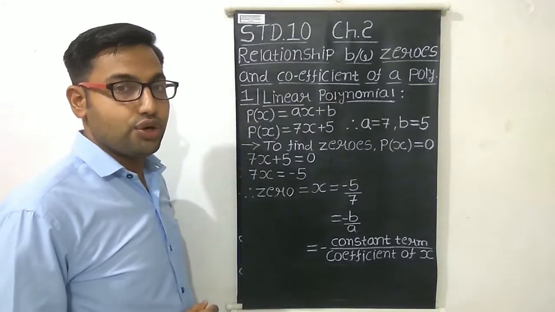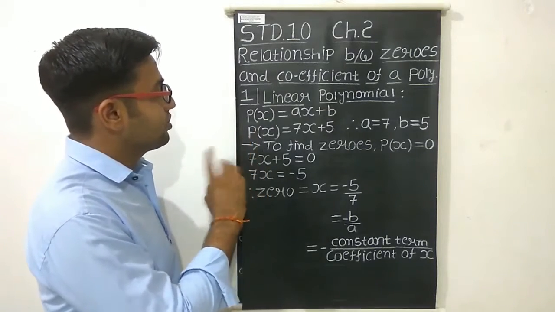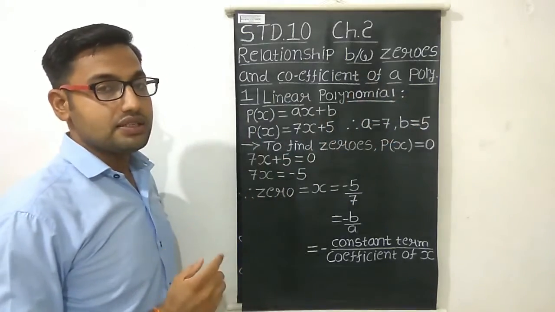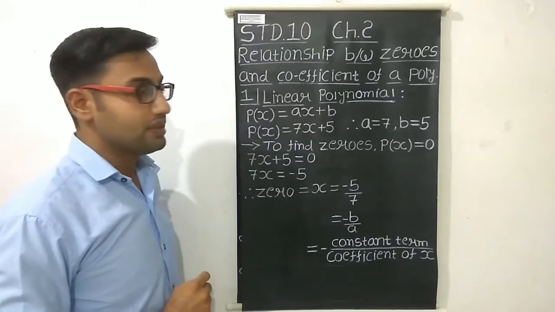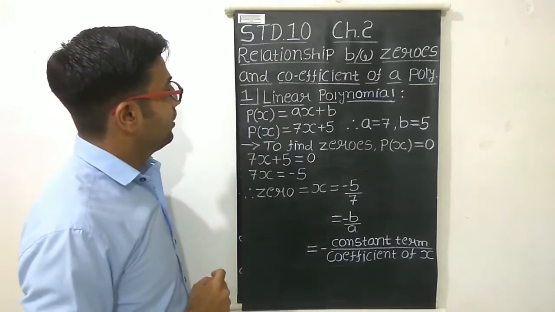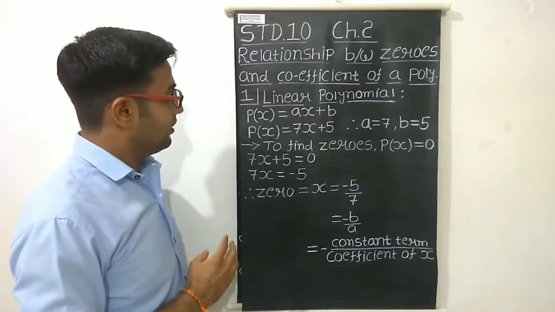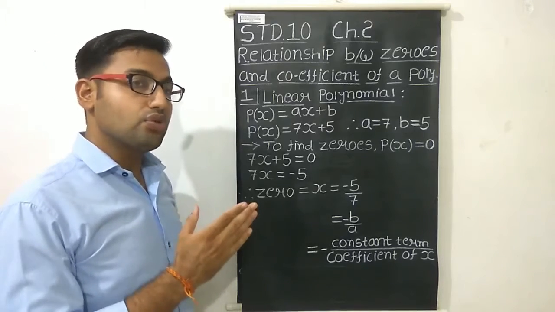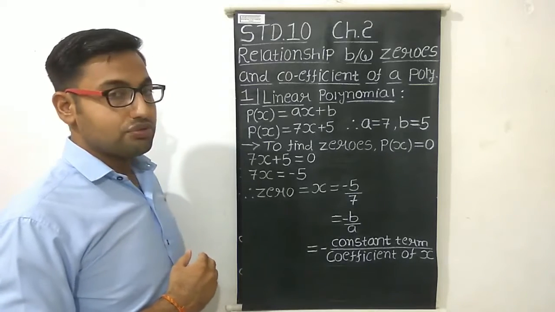Hello students, today we will study about the relationship between zeros and coefficients of a polynomial. This is the topic of standard 10, chapter number 2, polynomials, right? In previous classes we have studied that there are three types of polynomials we can classify based on the degree of the polynomial.